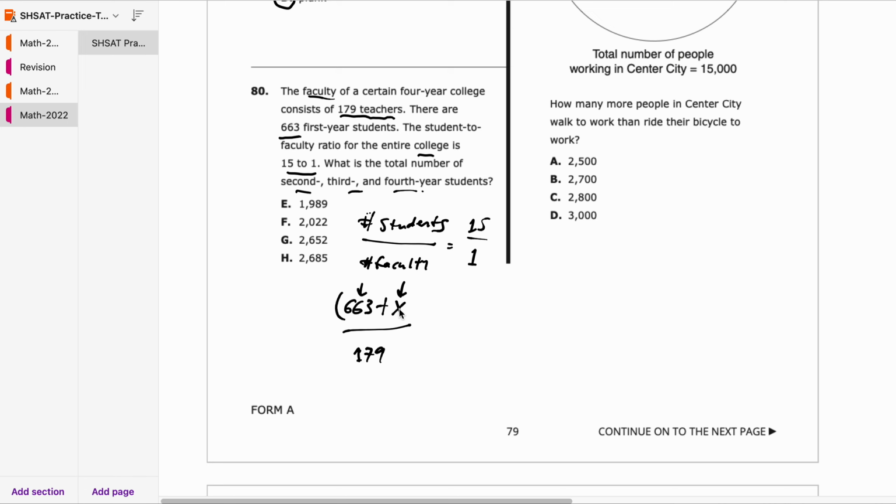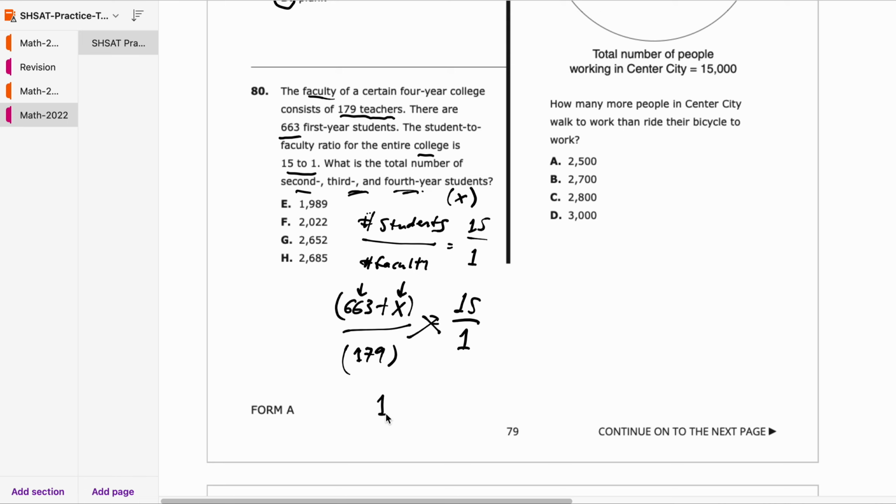So we know that the total number of students over the total number of teachers must be 15 to 1. And now I want to solve for the number of second, third, and fourth year students, right? So we want to solve for x. So we can cross multiply here.